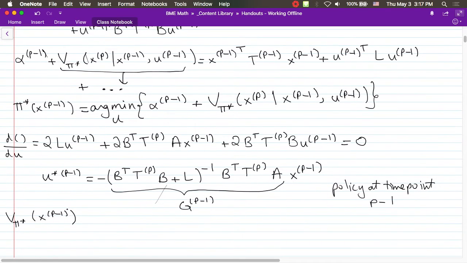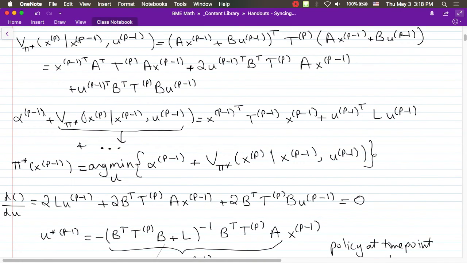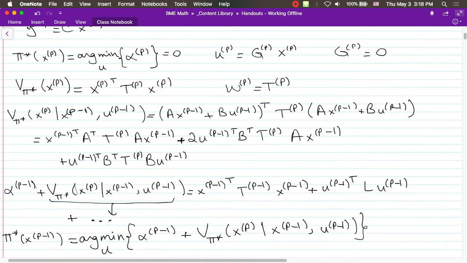So this is this function where we're going to replace U with the command that we're going to generate. And when we replace U with that command G times X, we're going to get a function of just X. And what I'm going to show you is that that function is going to be a quadratic function of X. It's going to look just like this, X transpose times something times X, where this is going to be some new matrix W at time point P minus 1.